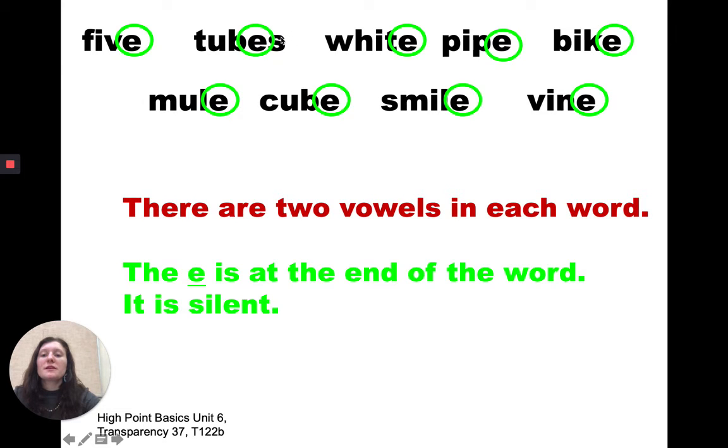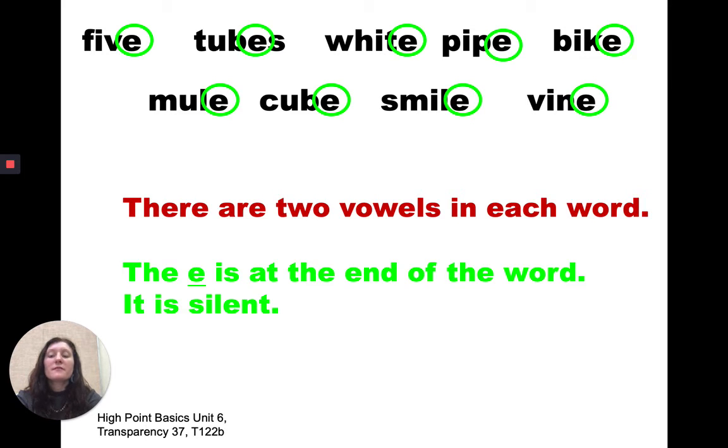But if we took the S off and didn't make it plural, if we just had one tube, not multiple tubes, we would still see the E at the end. So in all of these words, the E is at the end of the word and it is silent. So when you say any of these words, you're not going to hear the E.